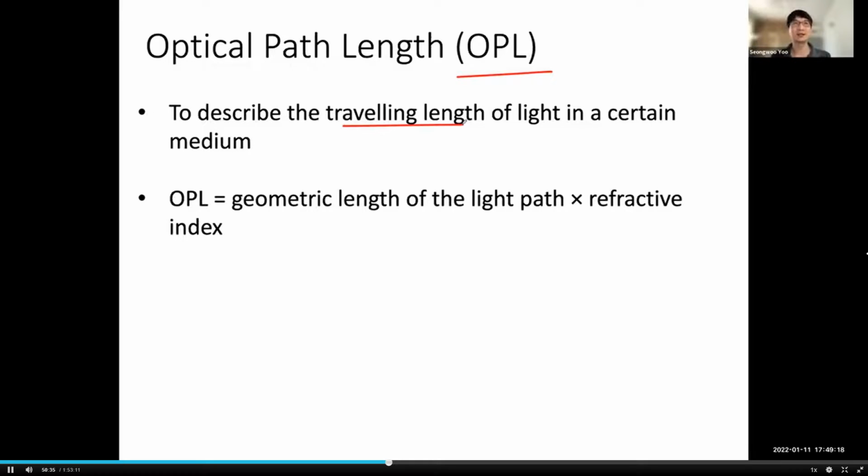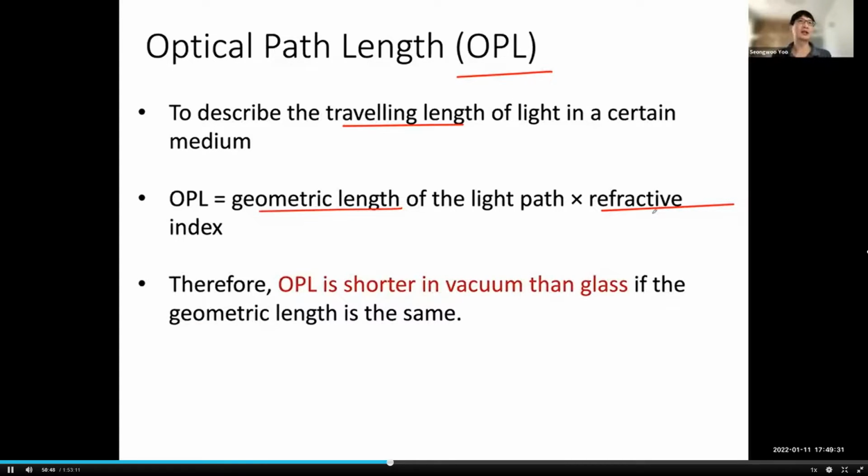You just take the length between 2 points, point A and B, and multiply by the refractive index. Okay, then you can understand that optical path length is shorter in the vacuum than glass because the refractive index of the vacuum is always smaller than any other medium.